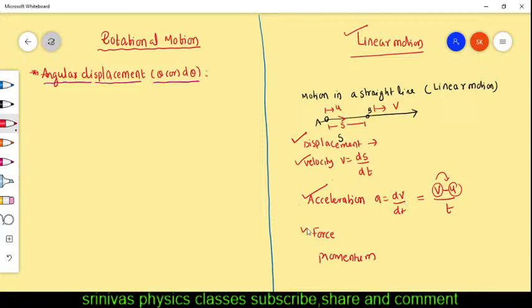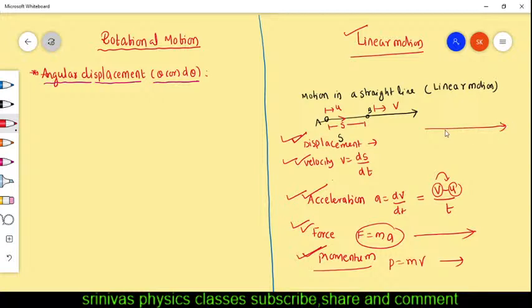Force we write as F is equal to ma, that is linear force. To move any object along a straight line, we should apply force. And what is momentum? Momentum is the product of mass and velocity, also called linear momentum. Linear displacement, linear velocity, linear acceleration, linear force, linear momentum: all these terms are used in linear motion.